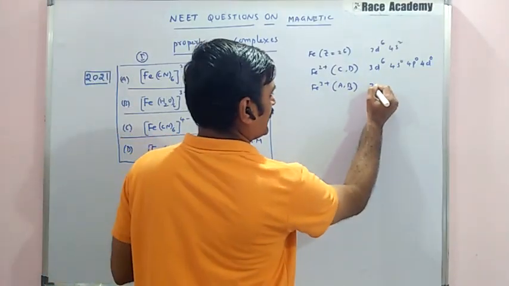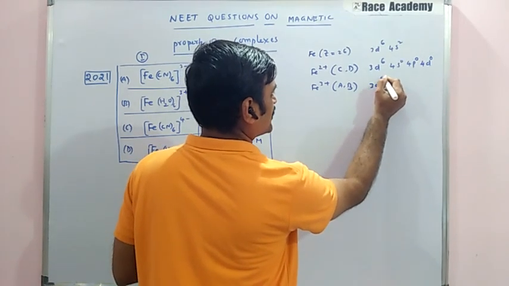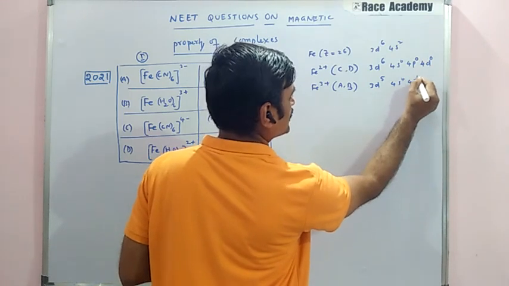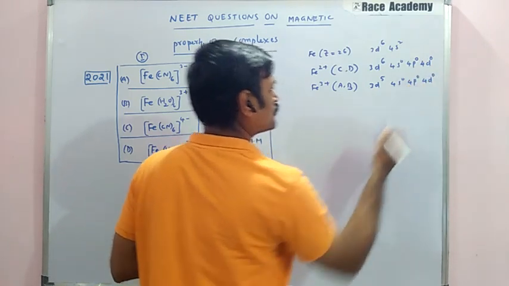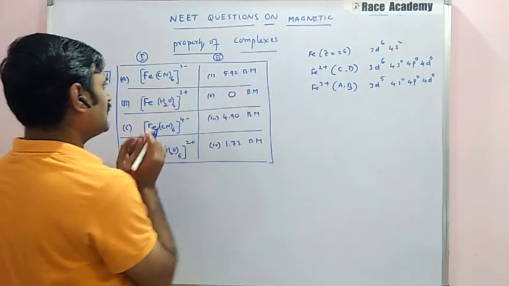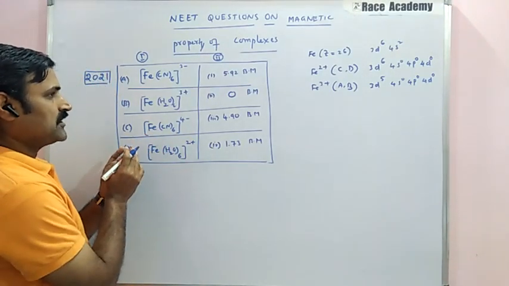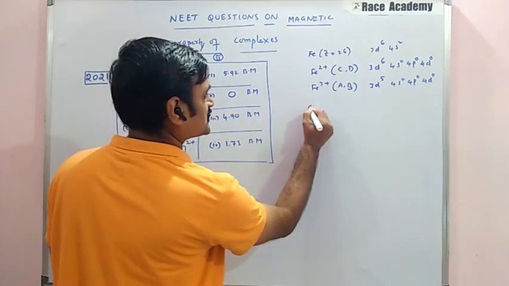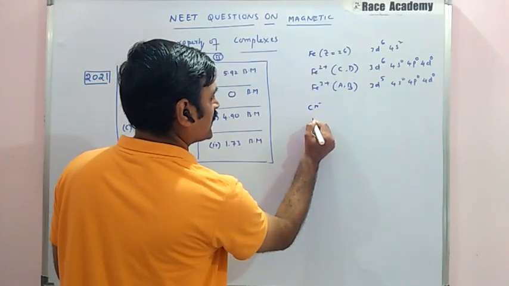And iron in the +3 state is d5, with 4s, 4p and 4d all 0. Now talking about weak and strong fields: CN minus is a strong field ligand, and H2O is a weak field ligand.